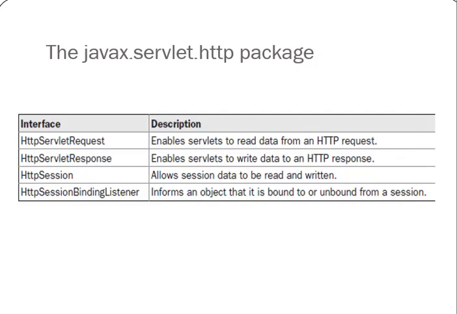The core interfaces provided in this package include the HttpServletRequest. This enables the servlet to read the data from the HTTP request. This is similar to ServletRequest, but it is tuned to the HTTP protocol.